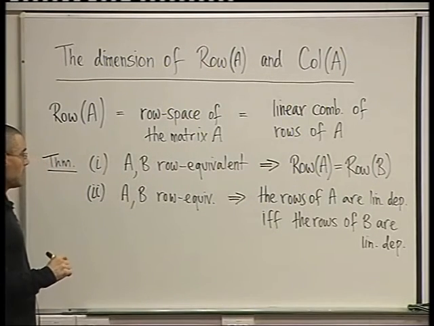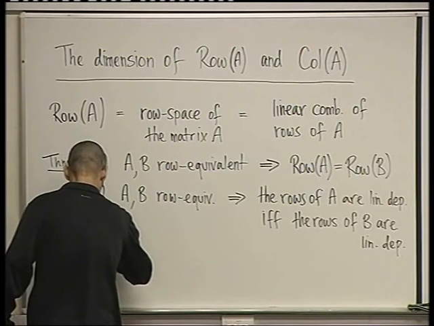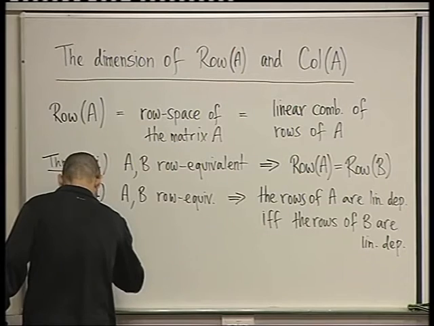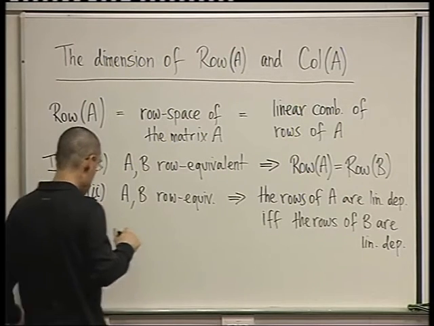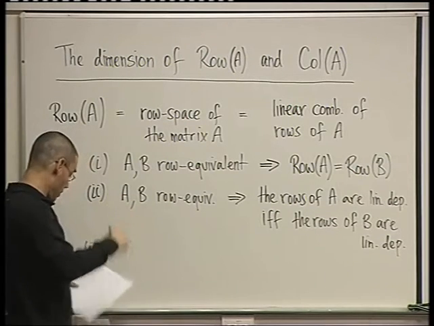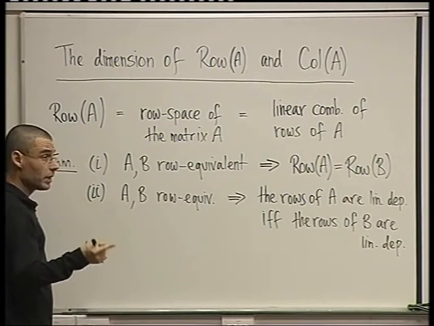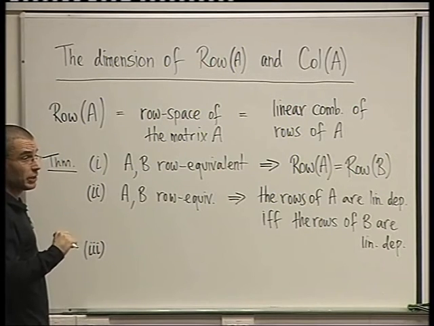Okay? And the third property was that the non-zero rows of a matrix in echelon form are always linearly independent. Okay, remember that?